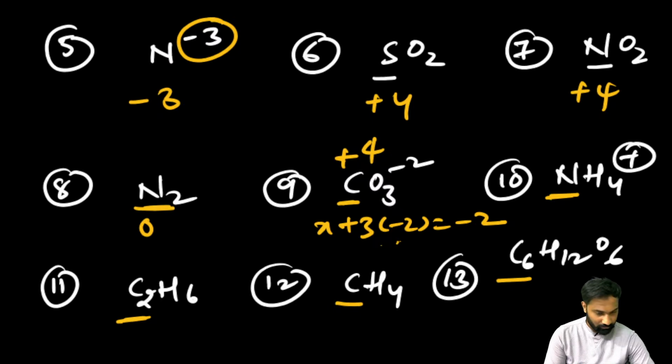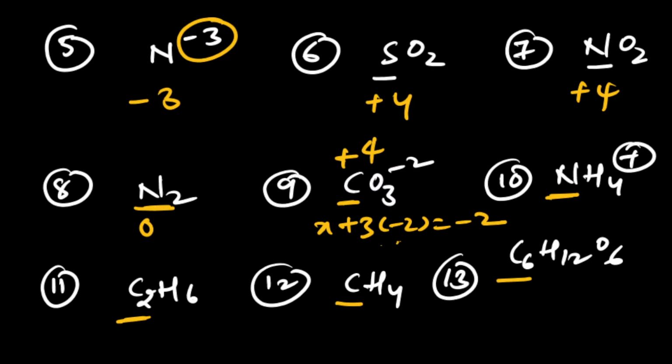Tenth one, it is minus 3. Okay, good. Tenth one, it is minus 3. Okay, good. Next. Eleventh one is also minus 3.